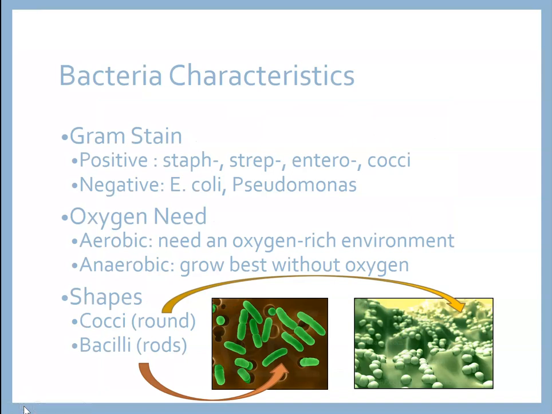So, bacteria characteristics, and this should all be reviewed from micro. There are ways that we can classify bacteria, basically based on a naming structure. We can look at gram stain. Do they stain gram positive or gram negative?